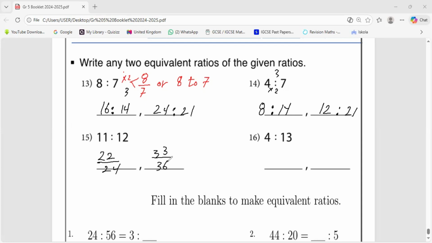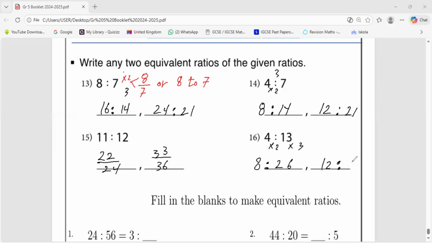If you want, multiply by 5, 7, 8, any numbers, as we said, except 0. And here is 4, can multiply by 2, get 8, and multiply by 2, we get 26, and so on. Multiply by 3, as we said, 12.